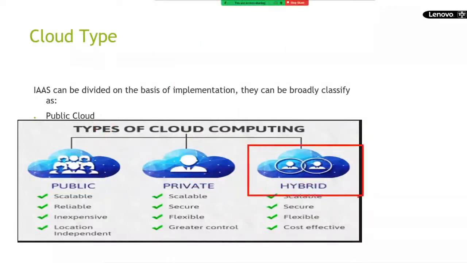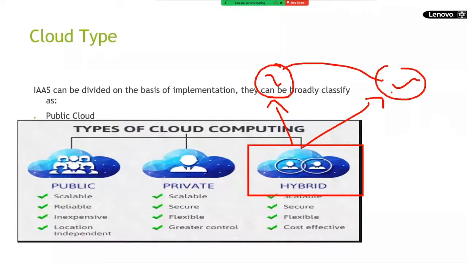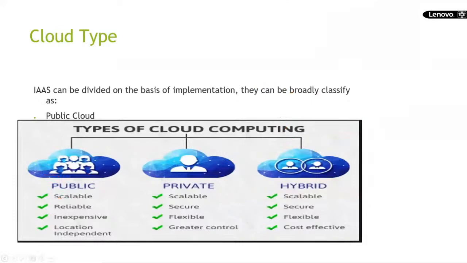Hybrid model: 2 days work from home, 3 days work from office. The combination of office plus home is called hybrid. Same way, the combination of public plus private cloud is called hybrid cloud. I hope you understand. A few applications run in public and a few in private, and if we establish communication between them, that is hybrid cloud.